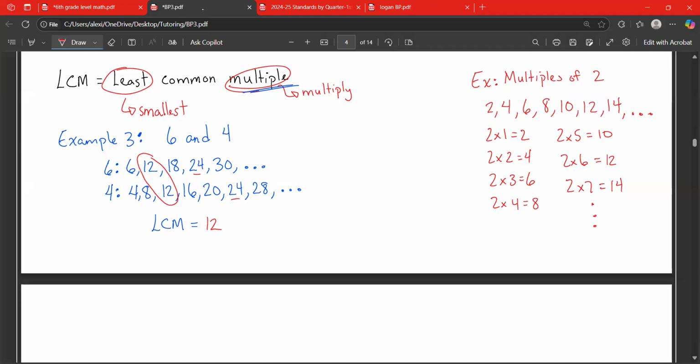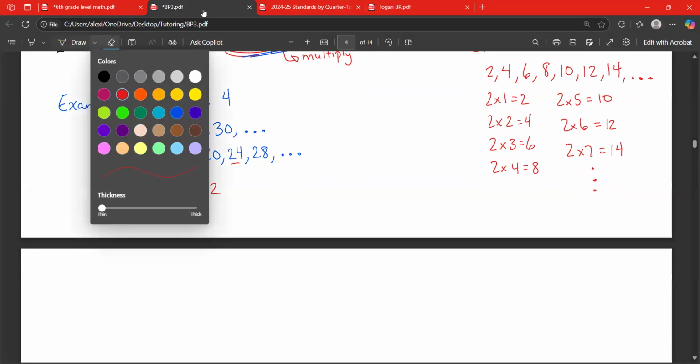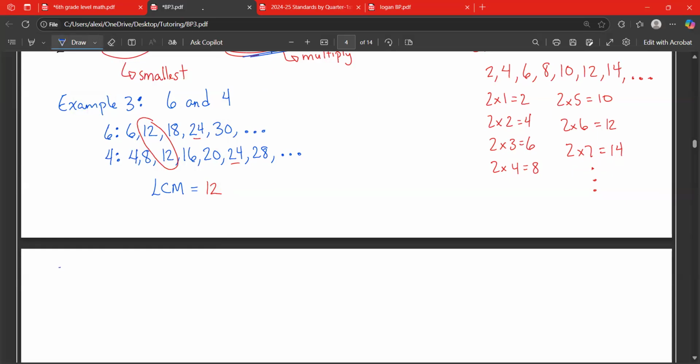Now, let me see if I can show you another way to do it. What if I did it this way? So this is example 3 continued, just showing you another way to do this. Let's see if you like it. That was method 1, which has you write out your multiples.